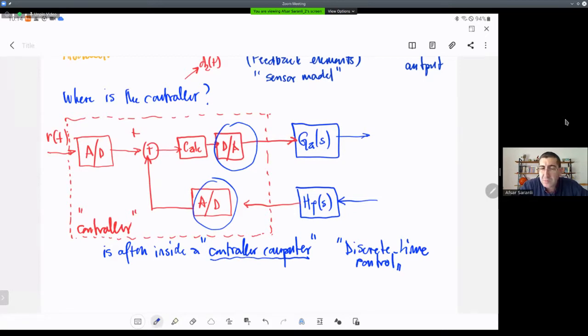Yes, we do. In fact, think about almost the entire 302. Well, not the entire 302 because we have state space as well, but think about the root locus technique, think about the Routh-Hurwitz criterion.